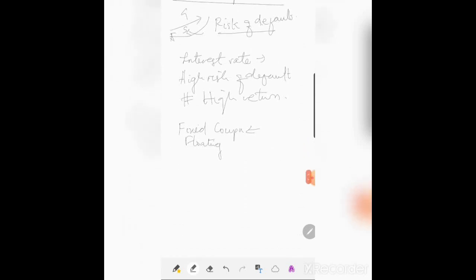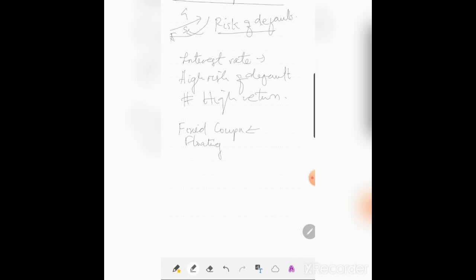As I said, the holder of the bond will receive a lump sum face value on the maturity date, along with some intermediate payments at periodic intervals, and the intermediate payments are called coupons.